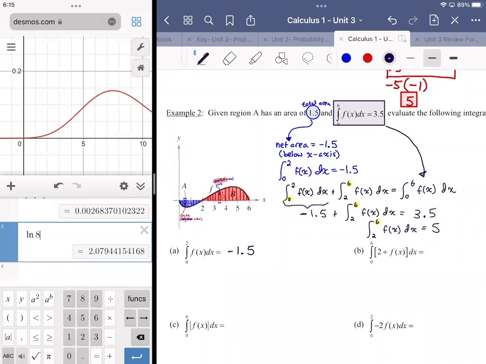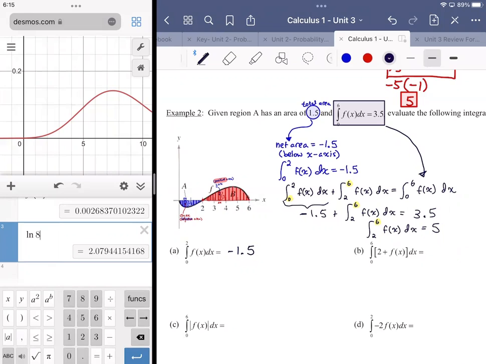Part B, that's a little weird, but also doable. It says the integral over the interval of 0 to 6 of 2 plus f of x dx. But I can apply the addition rule for integrals, which works the same way as the addition rule for everything else, whether it's limits, derivatives, or antiderivatives.